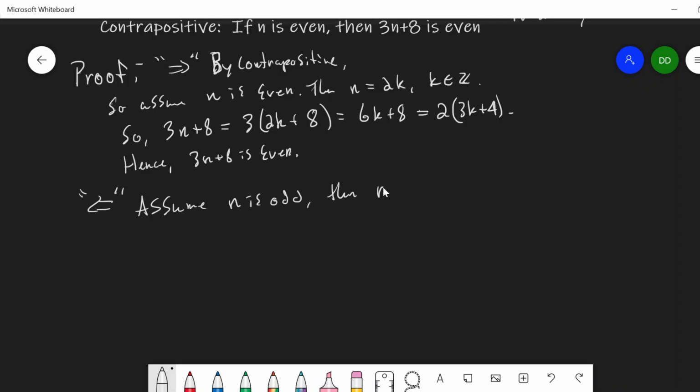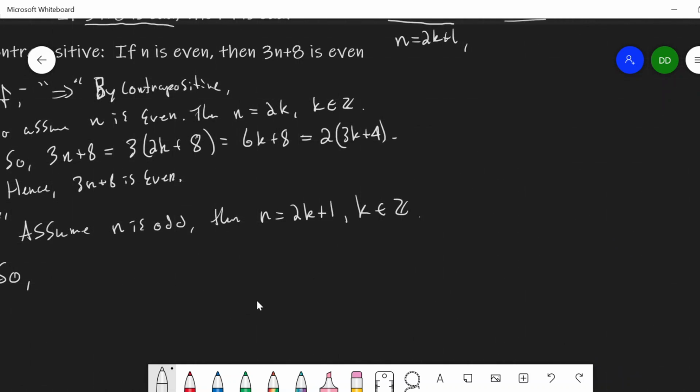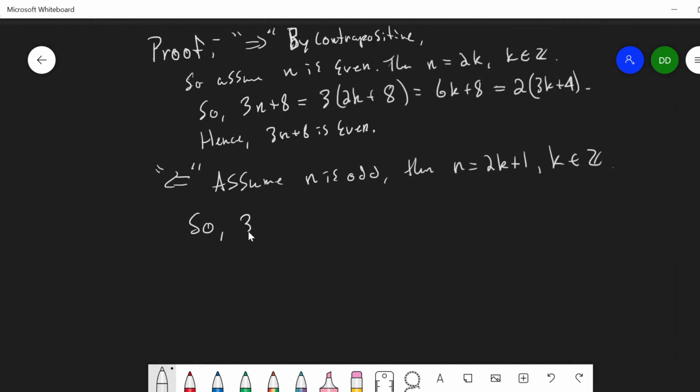Well, that means I can write n as 2k plus 1 for some integer k. So what do I want to do? I want to show 3n plus 8 is odd. So 3n plus 8 looks like 3 times (2k plus 1) plus 8. This is 6k plus 3 plus 8, so that's 6k plus 11. I want to show this is odd.